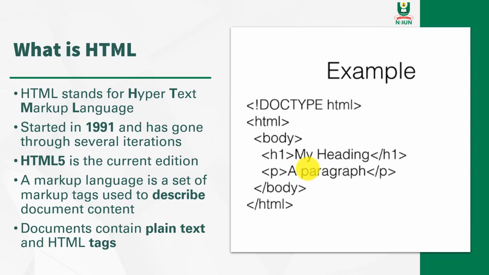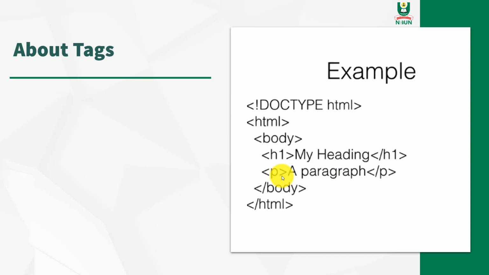Now, documents contain plain text and HTML tags. So this is a plain text, a paragraph. This is plain text, but you also have HTML tags in the document. So typically, documents have both plain text and HTML tags. So let's talk a little bit more about these HTML tags that we have.